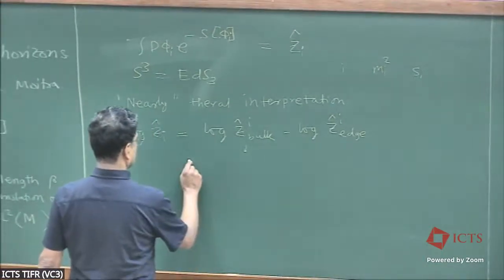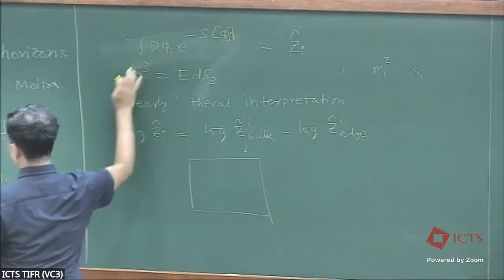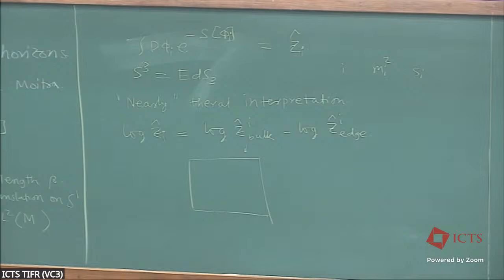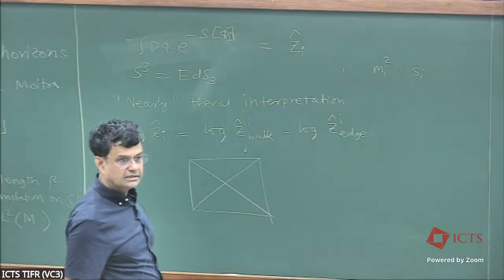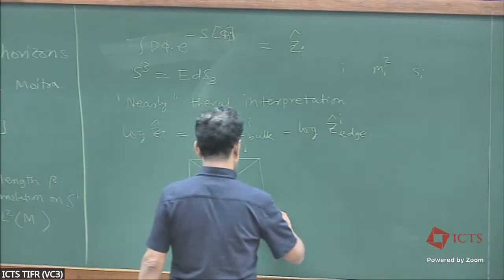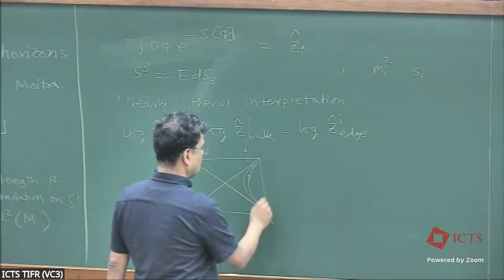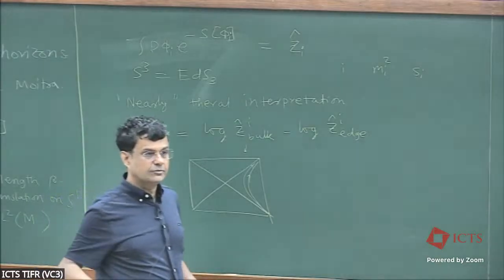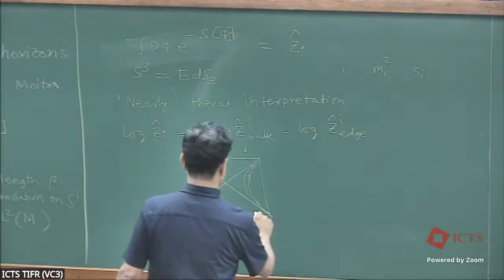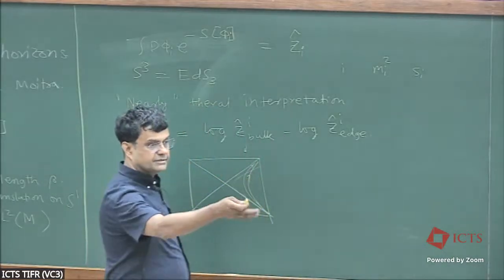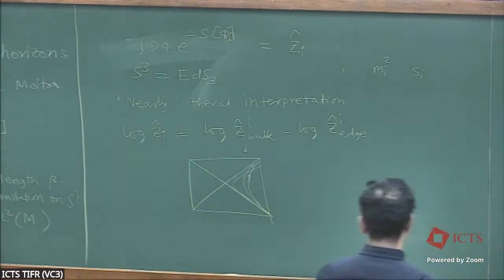Basically, if you look at Euclidean de Sitter, the point is that given a Euclidean calculation, what is the Lorentzian interpretation? Lorentzian de Sitter is like this, and there is a static patch. We know that an observer moving in a static patch is basically like an accelerated observer. So near the de Sitter horizon it is very much like an observer near a black hole horizon, so the physics of the horizon is very similar.